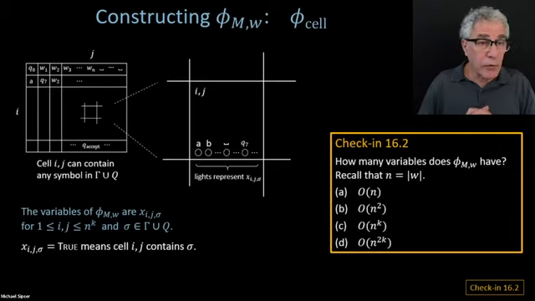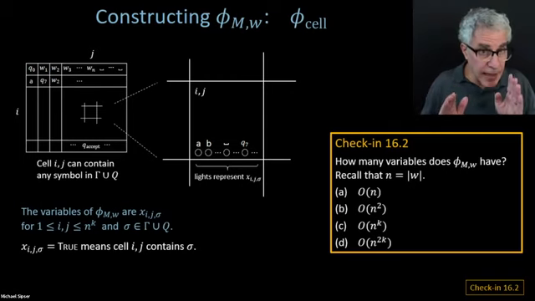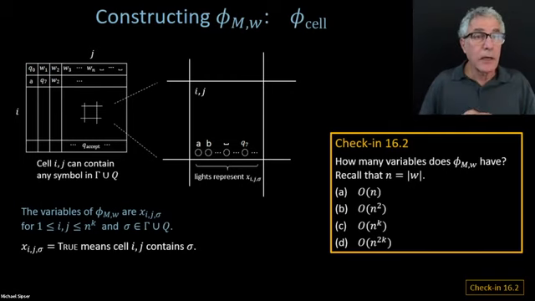Is it order n squared, n to the k, remember k is the running time of the machine, or n to the 2k? What do you think? I mean, in all of phi sub m, how many variables do we have altogether in this formula, if that's what the question is?